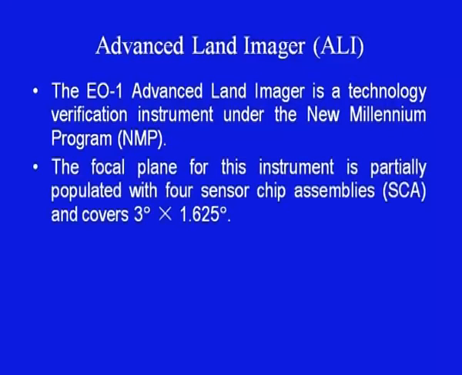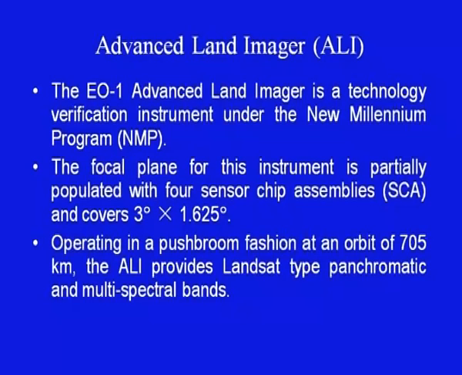The focal plane of this instrument is partially populated by 4 sensor chip assemblies, or SCA, and covers 3 degrees by 1.625 degrees. Operating in a push broom fashion at an orbit of 705 kilometers, the ALI provides Landsat type panchromatic and multispectral bands.